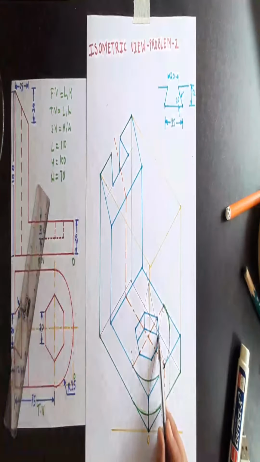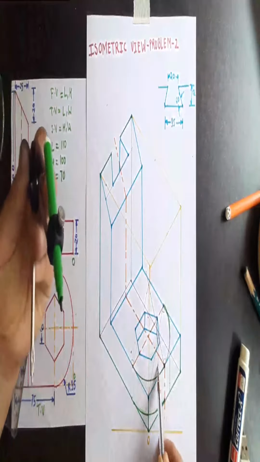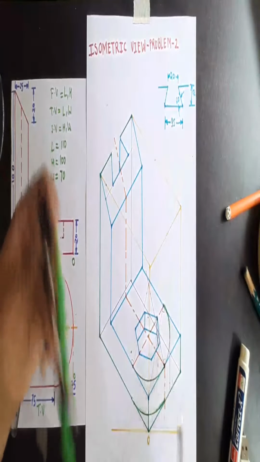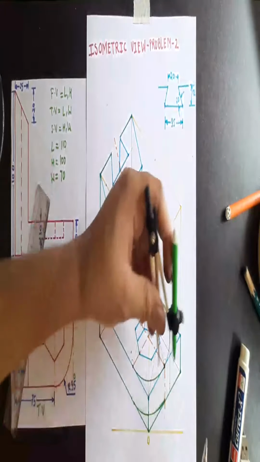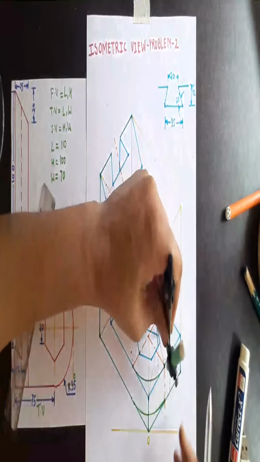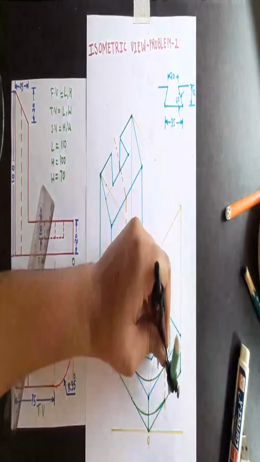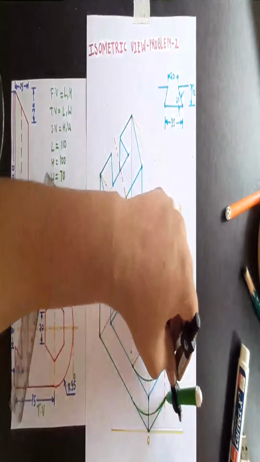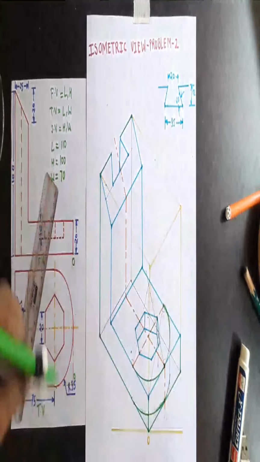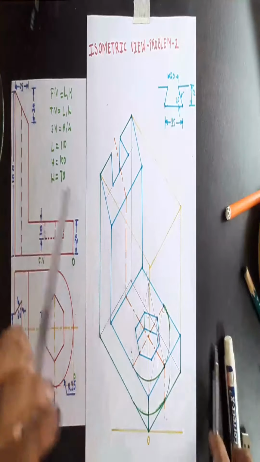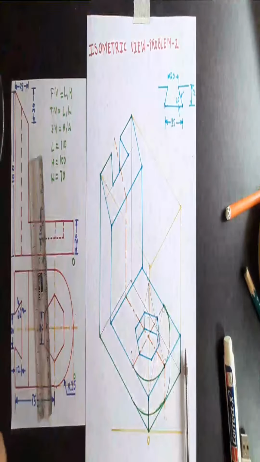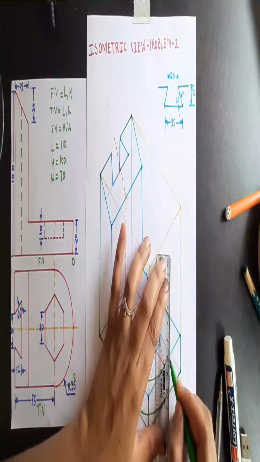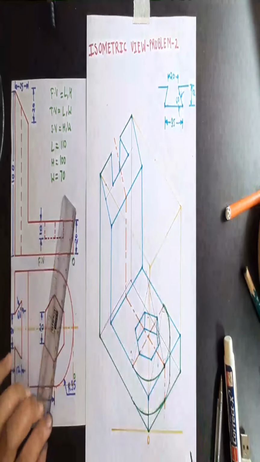Take this point as a center, and whatever the radius for the previous arc, take that radius in your compass, but now the center will be the new one. Draw the arc and again darken the tangential line, so you will get the curved surface.